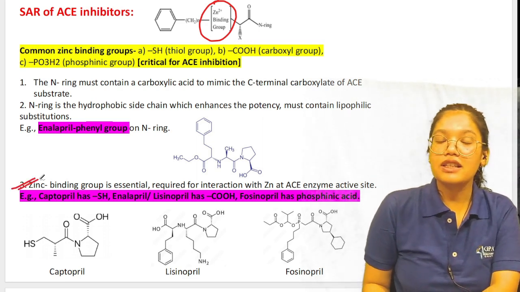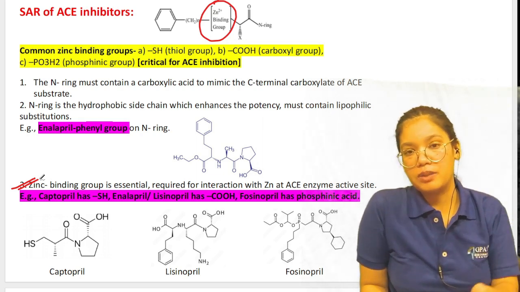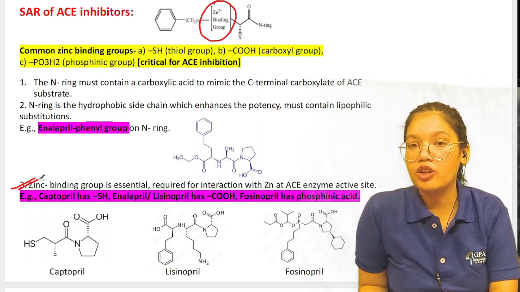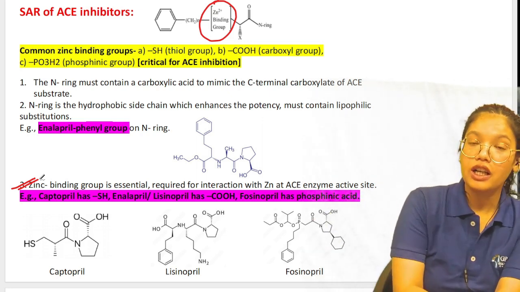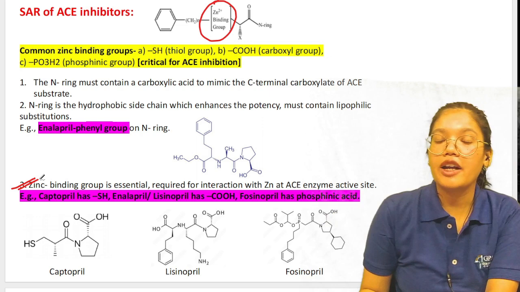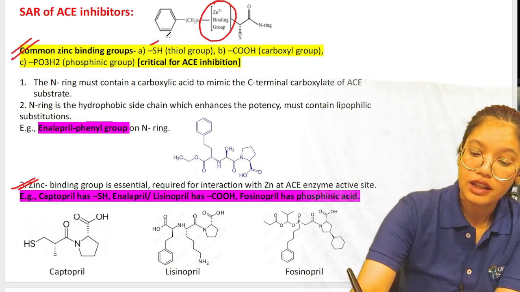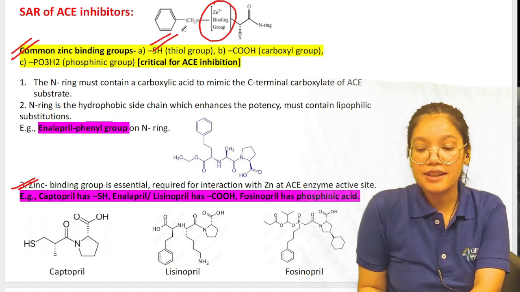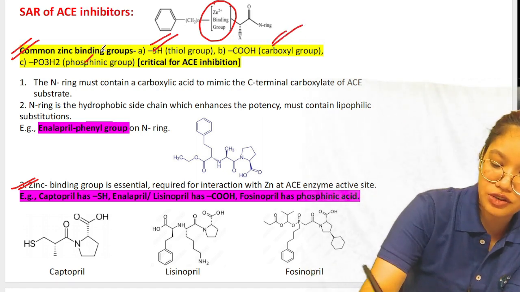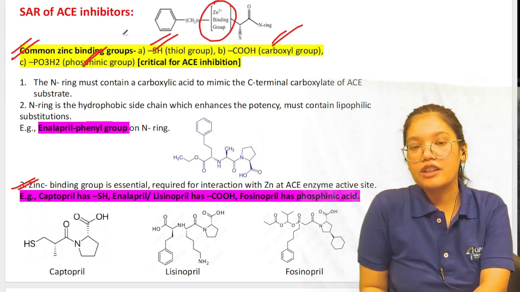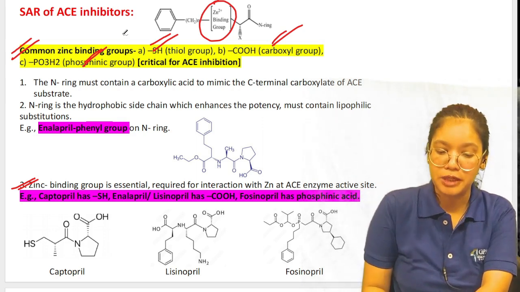Having this can help to form a better ACE inhibitor, or better activity of the ACE inhibitor. The common zinc binding groups that we use in our drugs are the thiol group, that is SH, then the carboxyl group, then the phosphinic group. These three are the main types of zinc binding groups present in the ACE inhibitors.